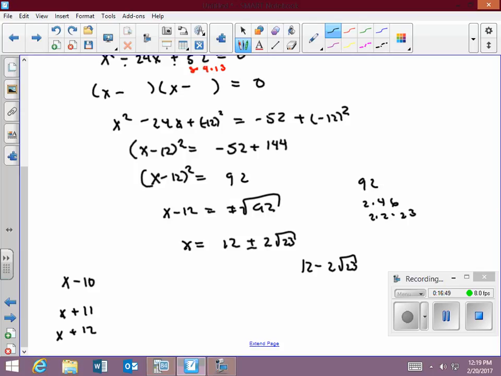What you have is the possibility of different answers. One is using x equal to 12 plus 2 square root of 23, and one is using x equal to 12 minus 2 square root of 23. And then you plug in for x on each one of these.